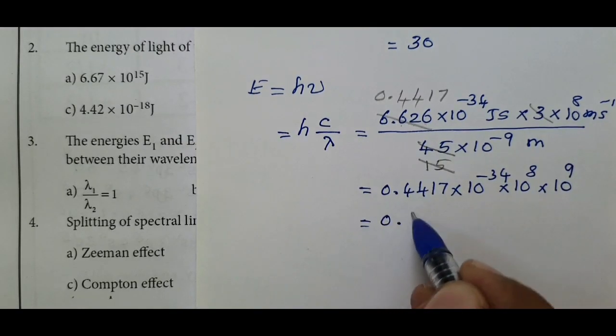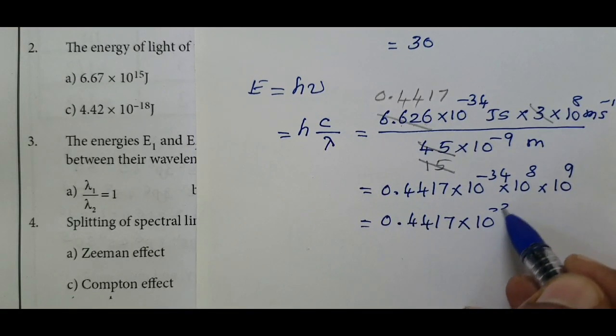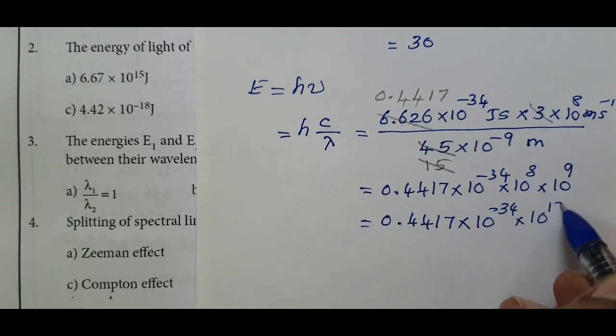That is equal to 0.4417 into 10 power minus 34 into 10 power 17.